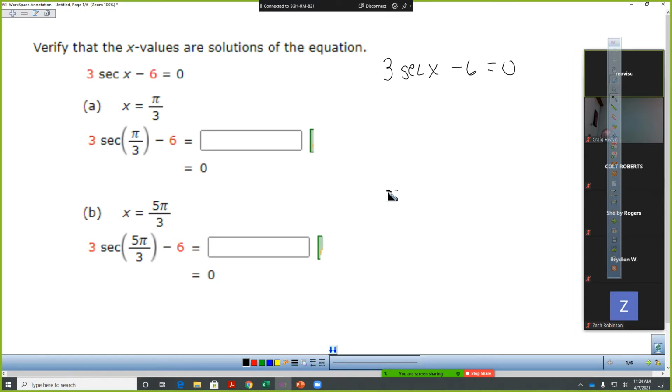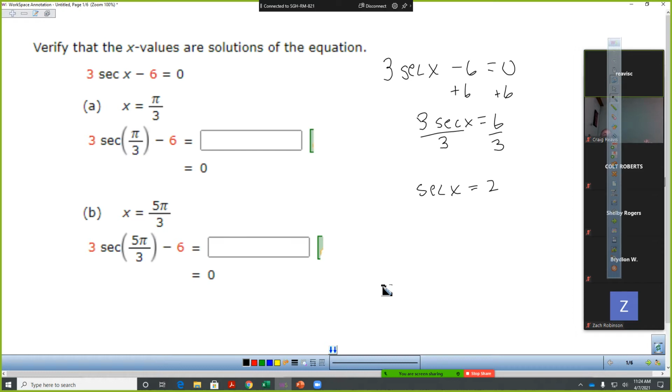Notice what happens. If I want to solve for x, just like anything else, I've got to get the secant of x by itself. So I'm going to add 6, and I get 3 secant of x equals 6. Then I divide both sides by 3, and I get secant of x equals 2. Now, there's nowhere on my unit circle that tells me anything about secant.